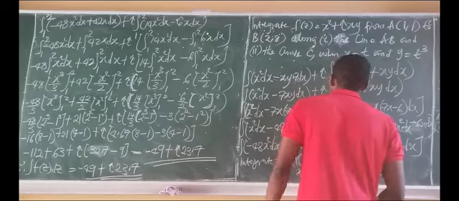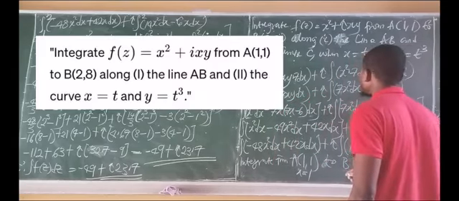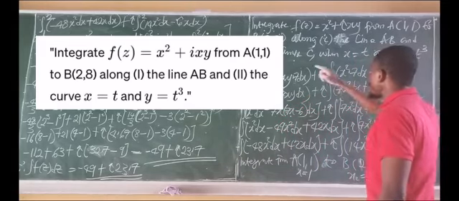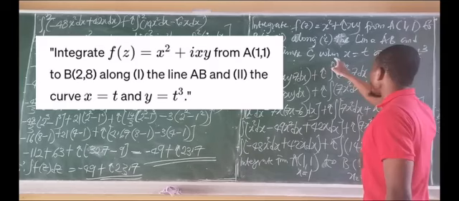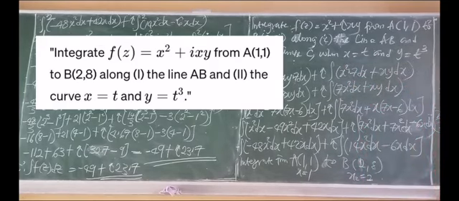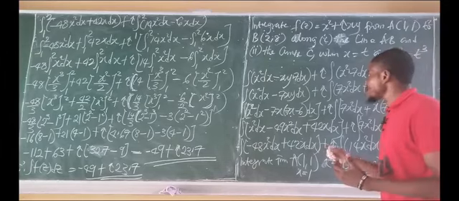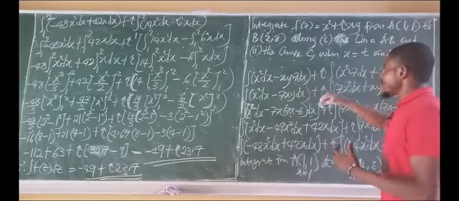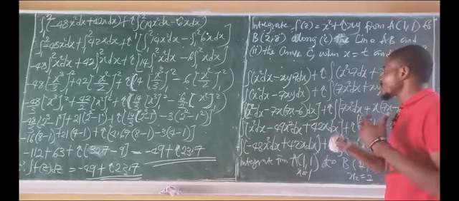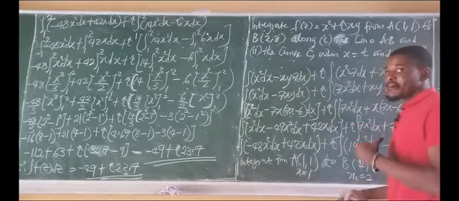The second part says we should integrate from (1,1) to (2,8) along the curve C when x equals t and y equals t to the power of 3. So we have to take this equation back to the original form before we started changing the values of y to be 7 dx. We have to move it back to that point.